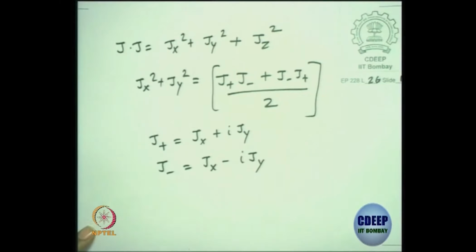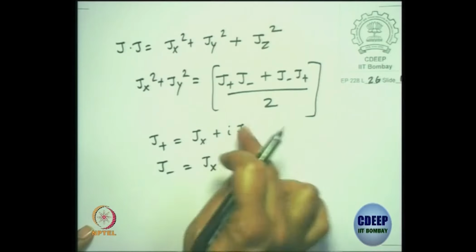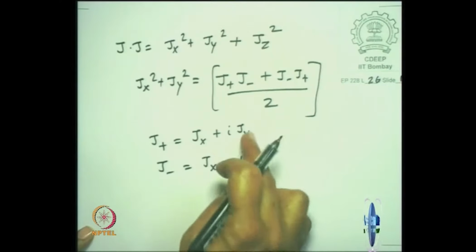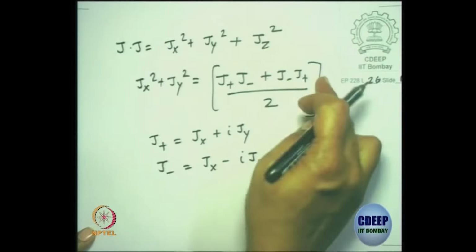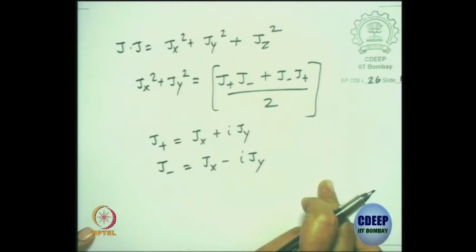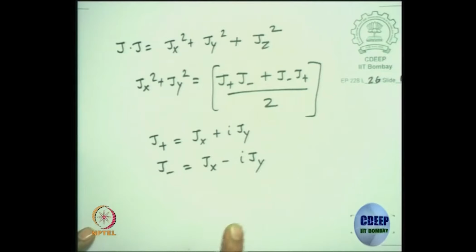Is that right? So if you take the product of these two, it is Jx squared plus Jy squared, but you also have the cross terms Jy Jx and Jx Jy, which don't commute. So you need to take the other combination so that the cross term cancels. Classically, you could have just written it as a product.